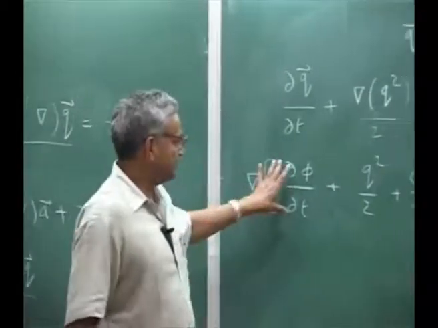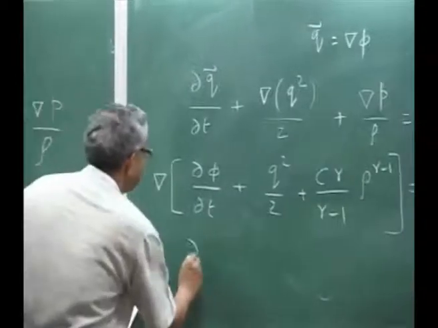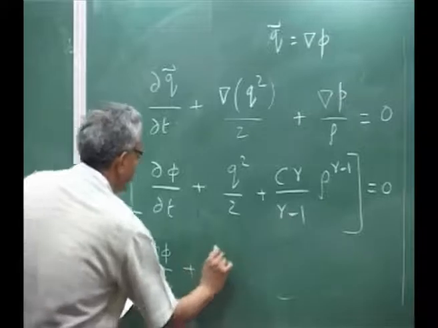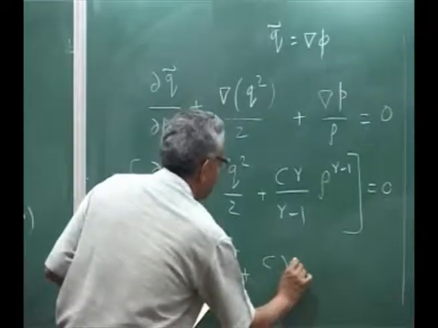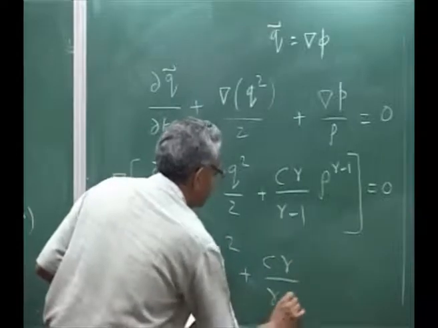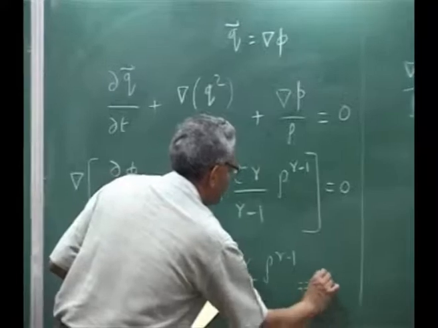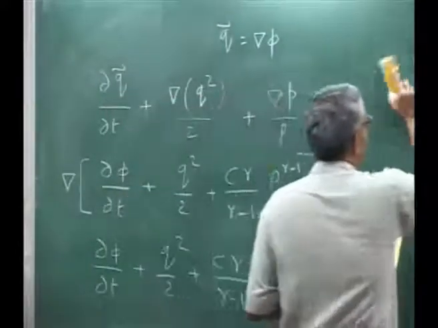It cannot be a function of position. So you will write it as delta phi over delta t plus q square over 2 plus C gamma over gamma minus 1 rho power gamma minus 1 equals some function of time.